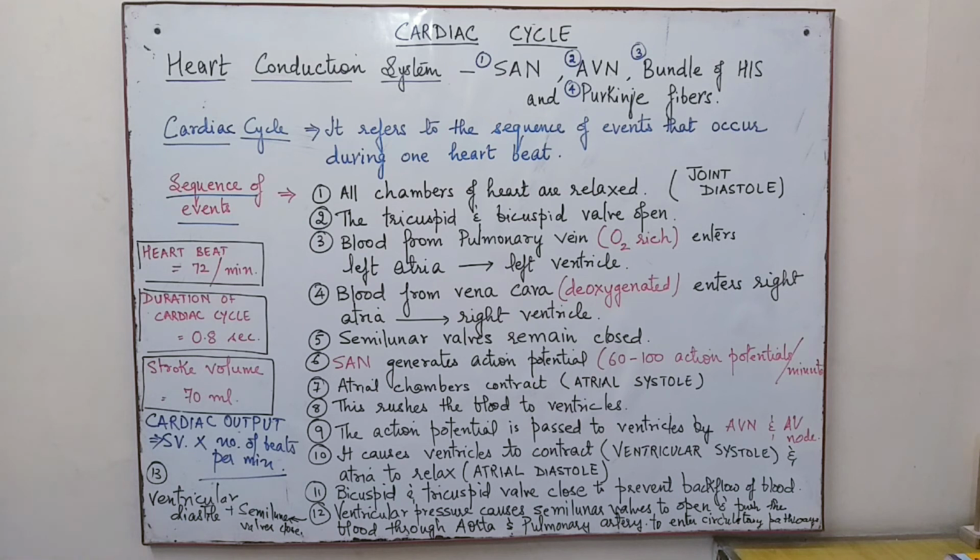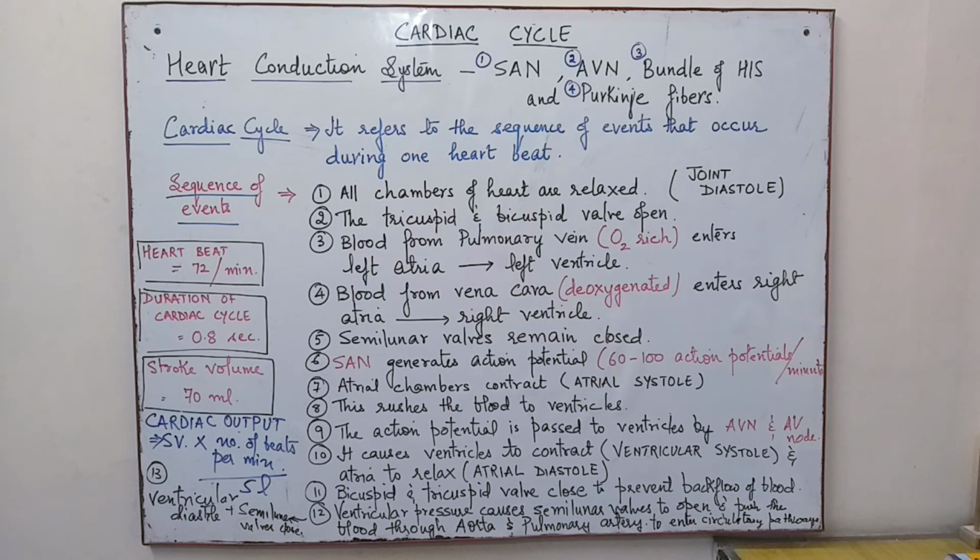This cardiac output helps us to understand whether the heart is functioning properly or not. The cardiac output is defined as the volume of the blood pumped out by each ventricle per minute, and it comes out to be 5 liters in a healthy individual.